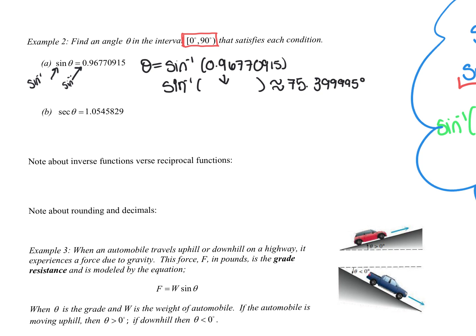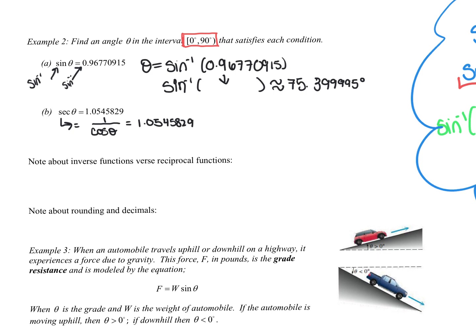So let's try the next one. I just want to warn you that the sines and the cosines and the tangents have an arc button. It's very clear cut. I would not touch the calculator if you have a secant, cosecant, or cotangent. I would rewrite this. This thing is equal to 1 over cosine theta equals 1.05455829.